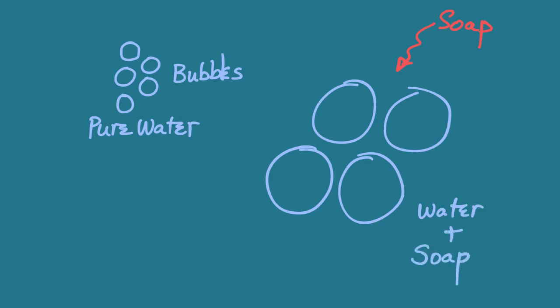What soap does is that it gets in between the water molecules and creates a larger bubble and a longer lasting bubble. Because the water molecules are separated from each other, they can actually enter the fiber of your garments and actually clean them, which is why we use soap. Soap by itself cannot clean. All it does is that it separates the water molecules, so the water molecules can actually get in and clean your fibers.